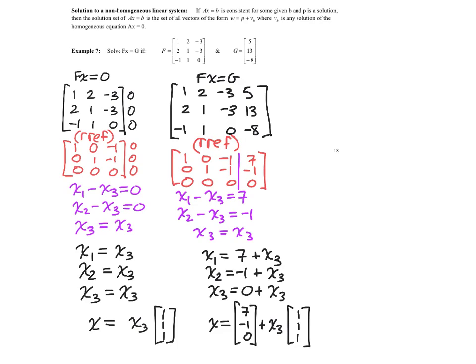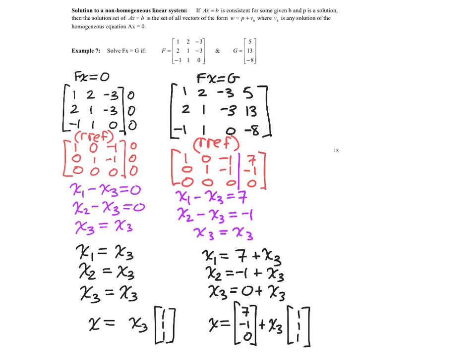Now, when I say it real fast like that, it sounds much more intelligent and difficult. But really, all that's saying is embedded in your AX equals B, or in this case, FX equals G, is the solution to the associated homogeneous linear system. Right? You see, you have the x3 times 1, 1, 1. It's here, it's here.